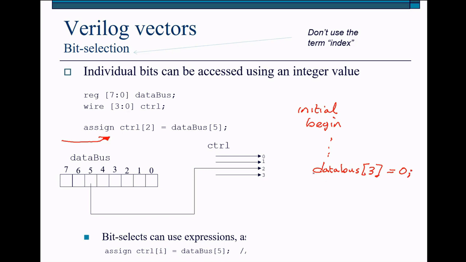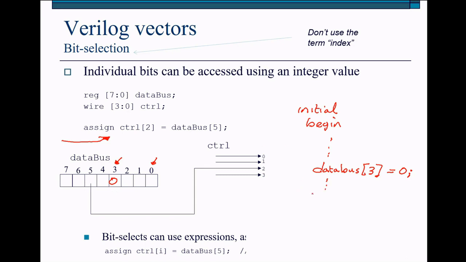When the simulator executes this statement, it places the 0 value into the 4th bit position. So remember, the bit positions start at 0, so data bus with the bit select 3 refers to the 4th position in our data bus.